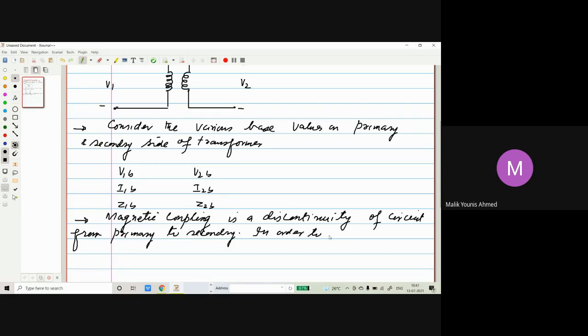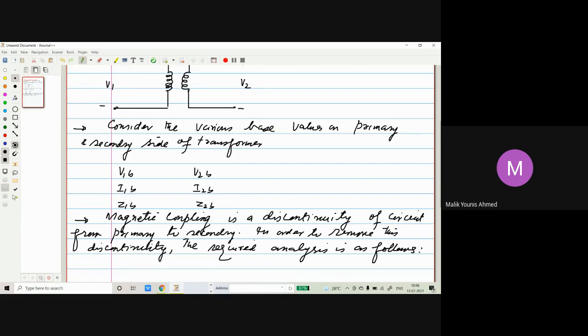In order to remove this discontinuity, the required analysis is as follows.